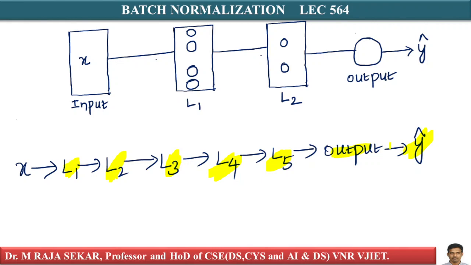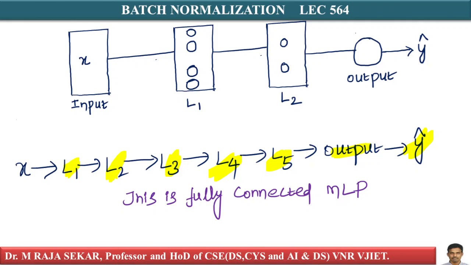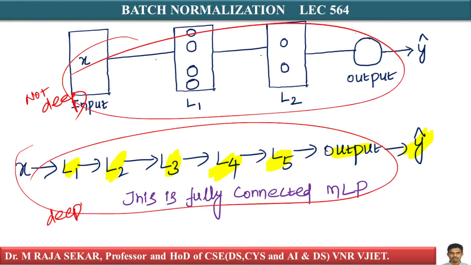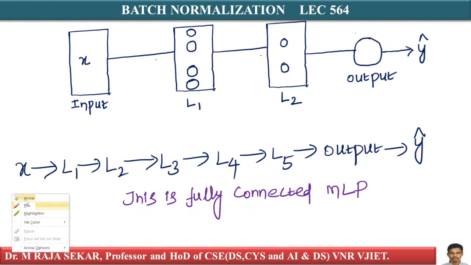Let's assume I have a deep network like this, also a fully connected multi-layer perceptron. It has lots of layers. The earlier one is not a deep neural network, but let me assume this is a deep neural network with so many layers. For simplicity, let it be L1, L2, L3, L4, L5.